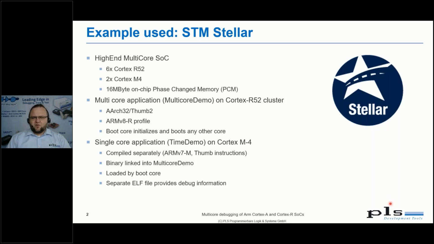On every Cortex M4 core, a separate demo application is running with ARM version 7 Thumb-2 instruction architecture. We have several ELF files, and I will show you how to load them in the debugger and debug this system in a multi-core manner.